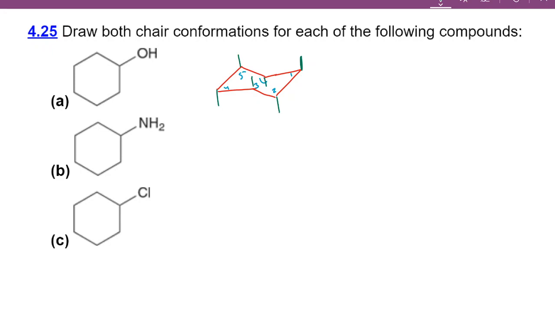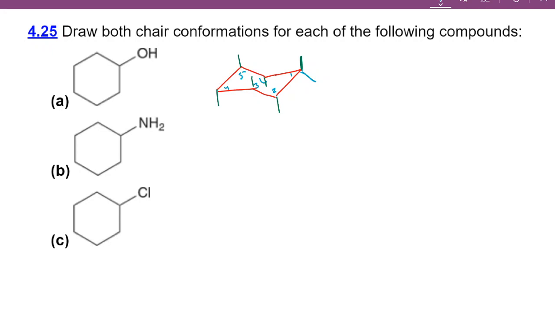You'll see that when you make a model of this, this is the way they're going to fall if the carbon you're calling carbon 1 has an axial up substituent. Then we're going to do our equatorial substituents. If your substituent on carbon 1 is axial up, then the other substituent on that same carbon is going to be equatorial down.